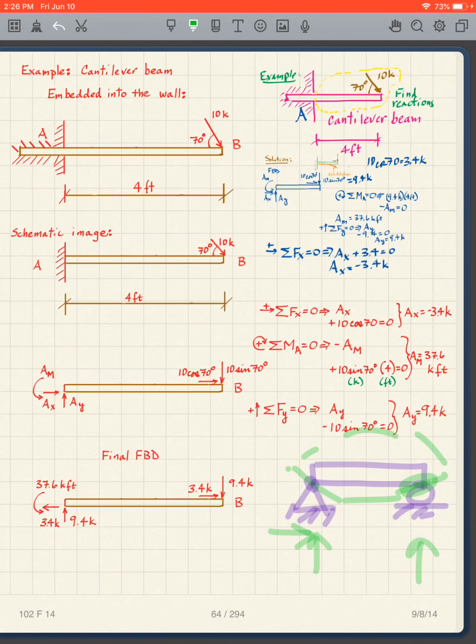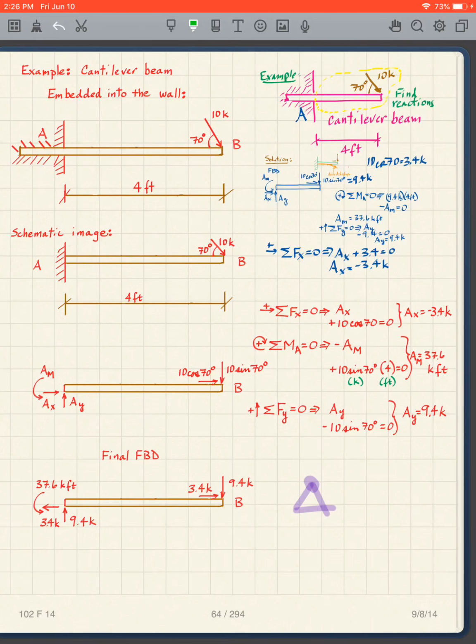But now we're making a cut through, in a sense, right through the end of the beam here. Now what do I put for that? Well, because it resists bending, I have to put in bending also. So I put in a concentrated moment.